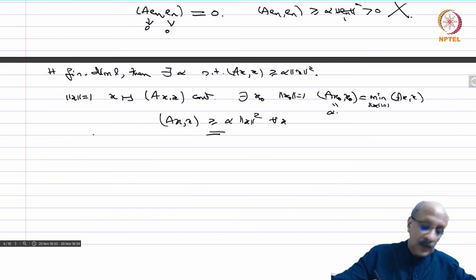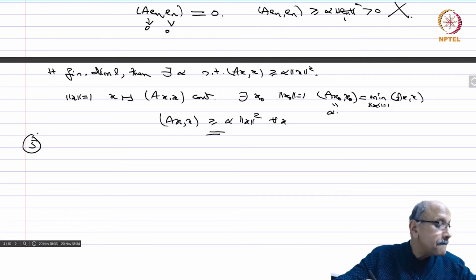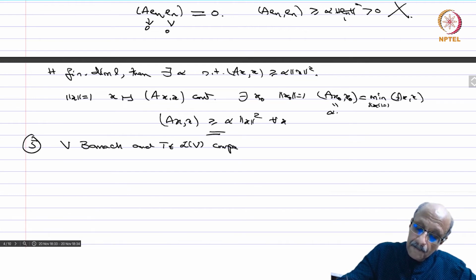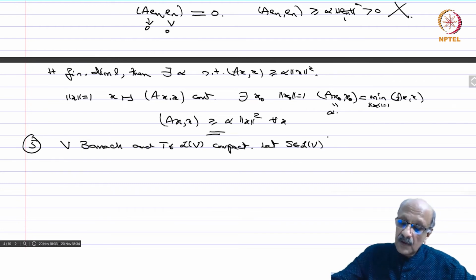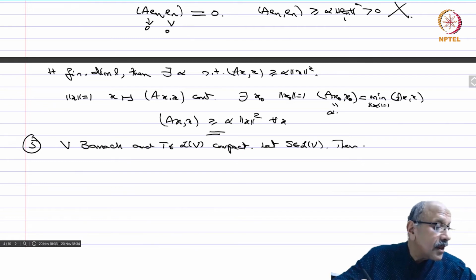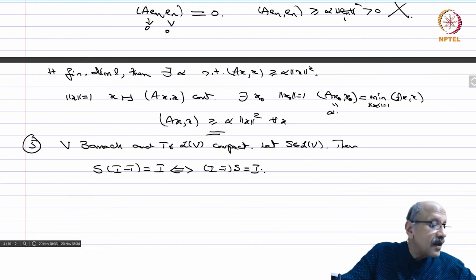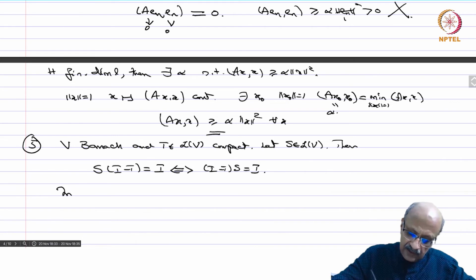Okay, 5. V Banach and T in L(V) compact. Let S belong to L(V), then S(I minus T) equals identity if and only if (I minus T)S equals identity.